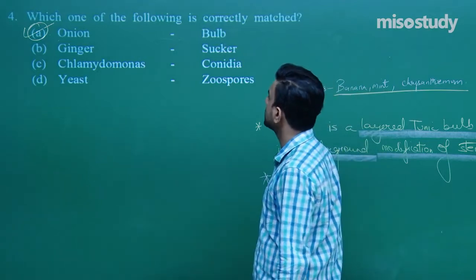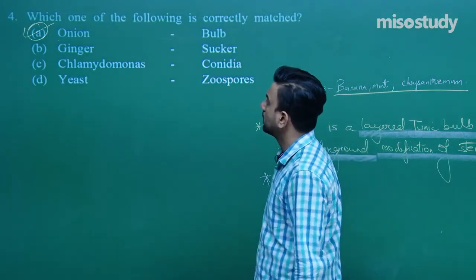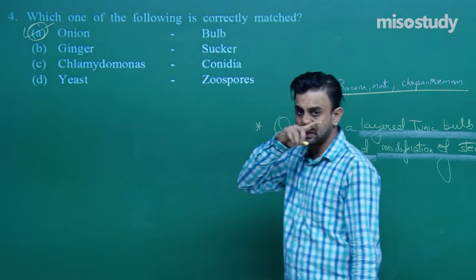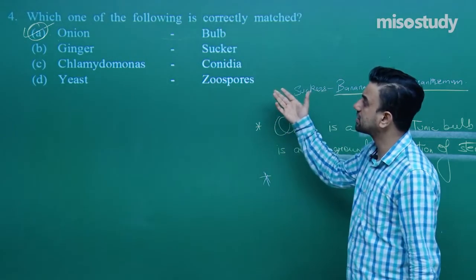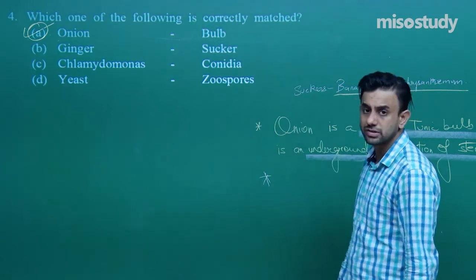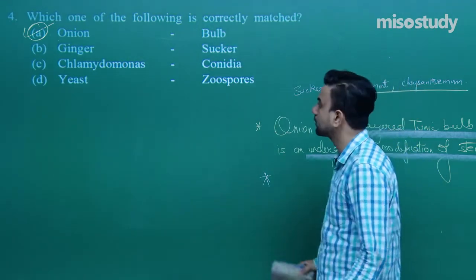Chlamydomonas, right, and the yeast. The yeast are the unicellular fungus. So the correct option is the onion, which is a layered tunic bulb.